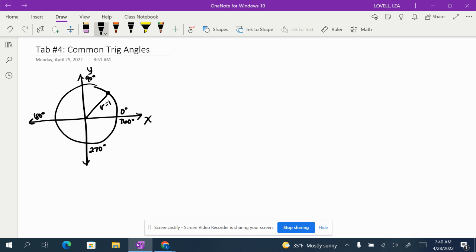Or if you're working in radians, from 0 to 2 pi radians.